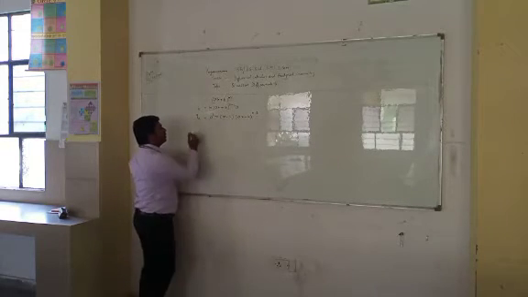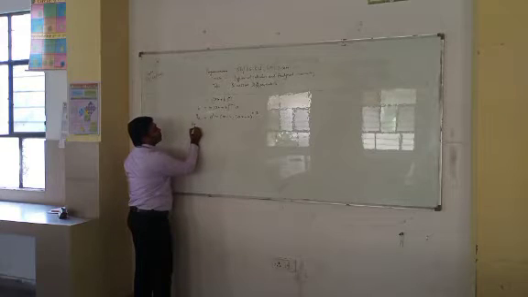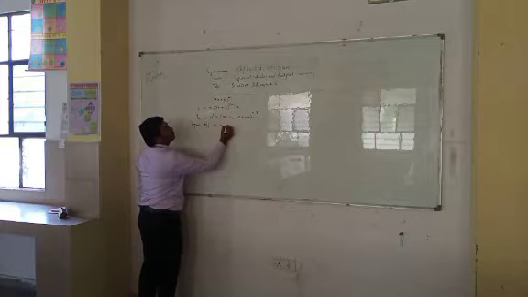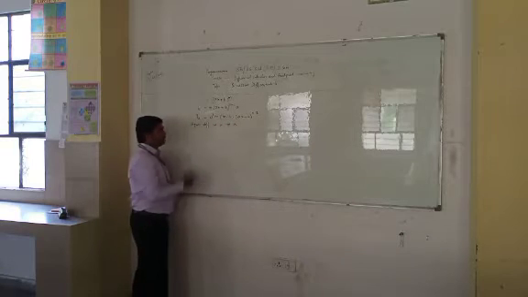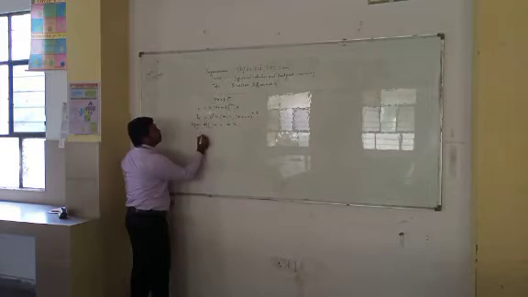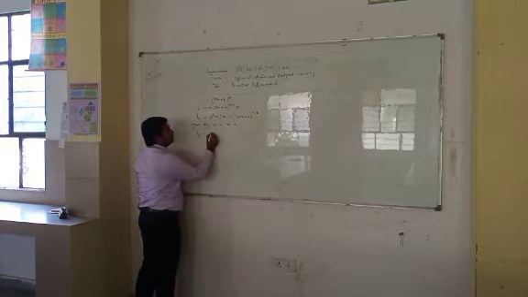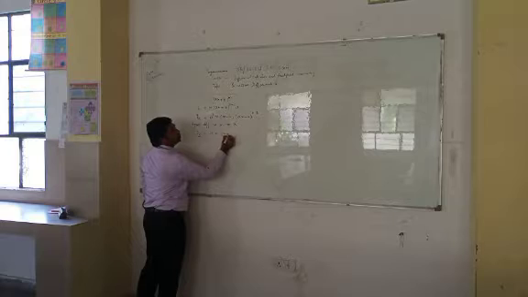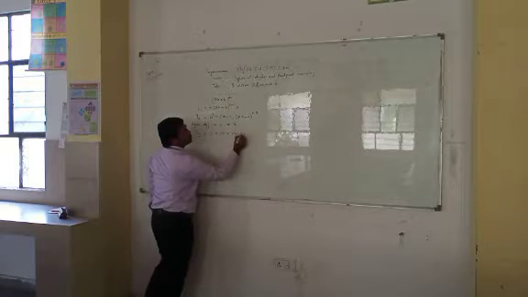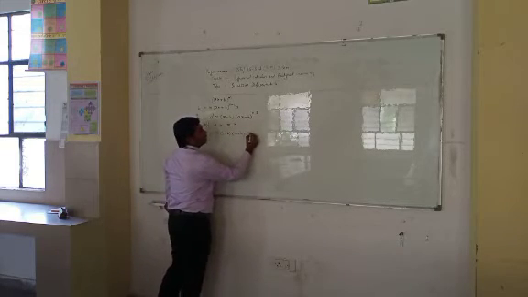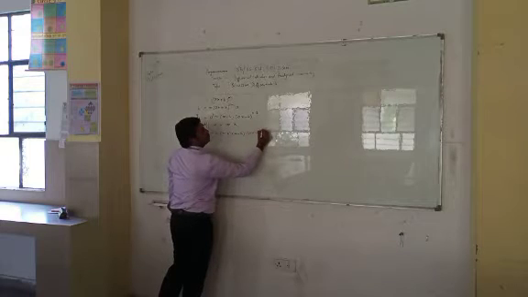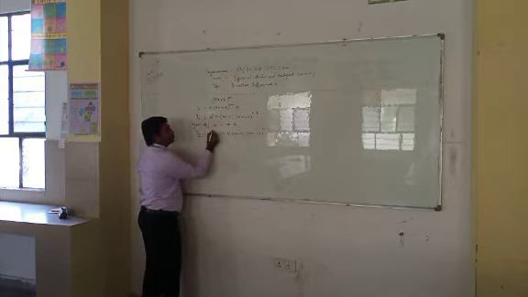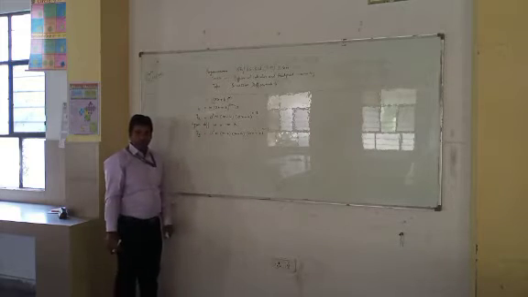Again differentiating with respect to x, y3 is equal to a square, and m, m minus 1, m minus 2, and (ax + b) to the power m minus 3, into a square, so this will be a cube.